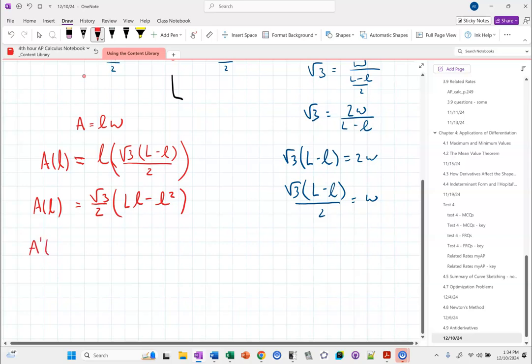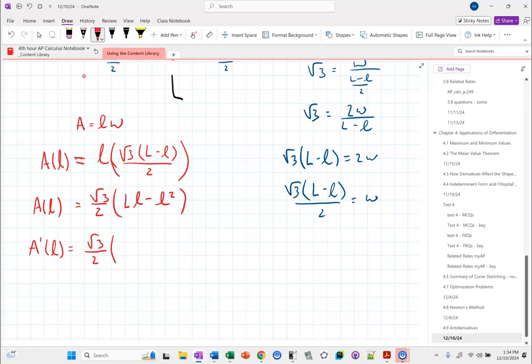Okay, so if I take the derivative then, I'd get that. And if I set that equal to 0, I can apply the zero product property and say that L should be cap L over 2.